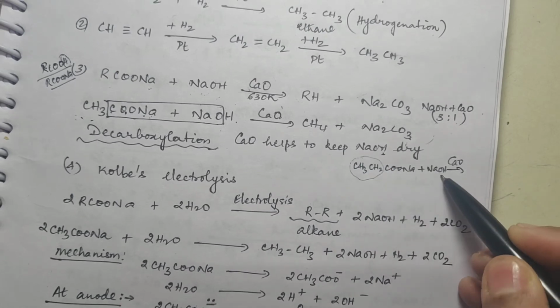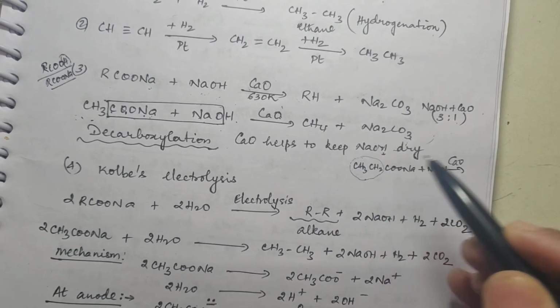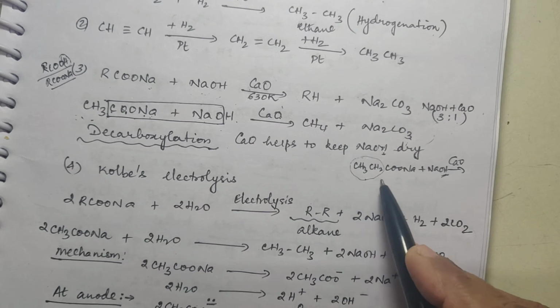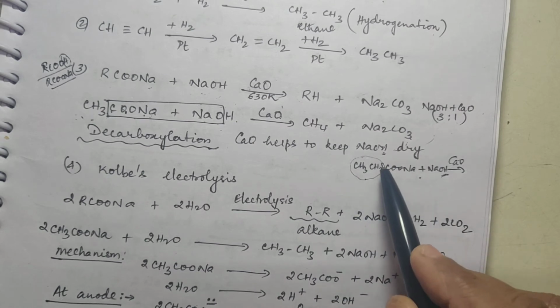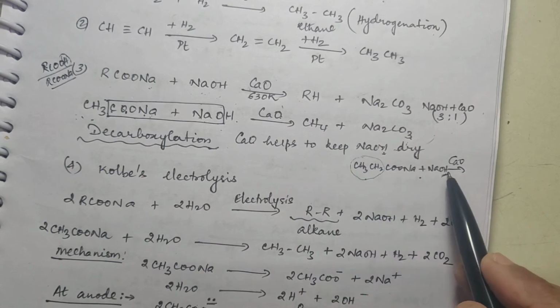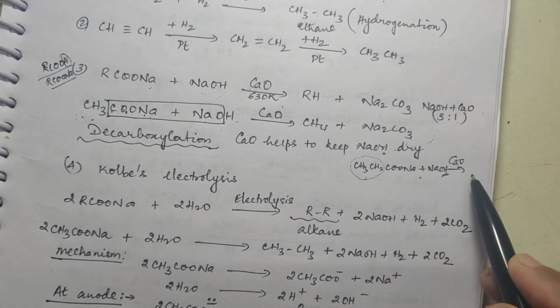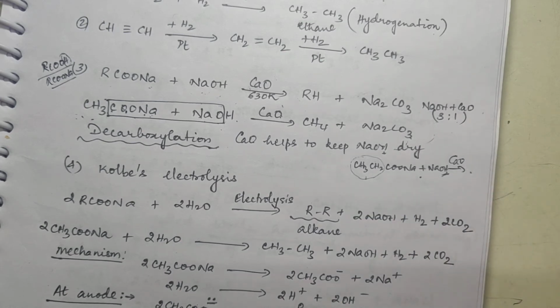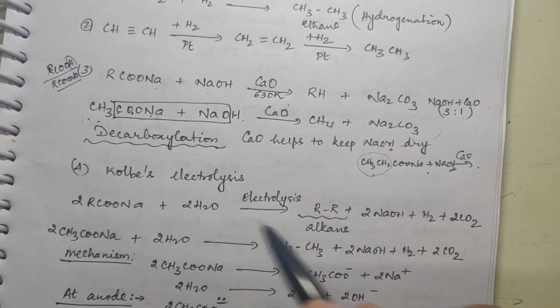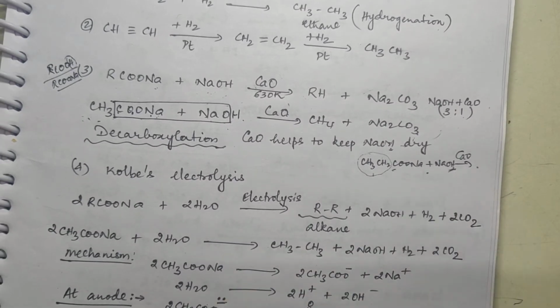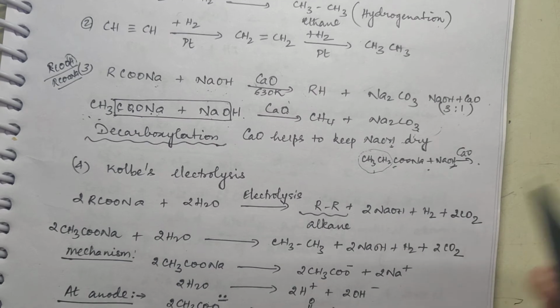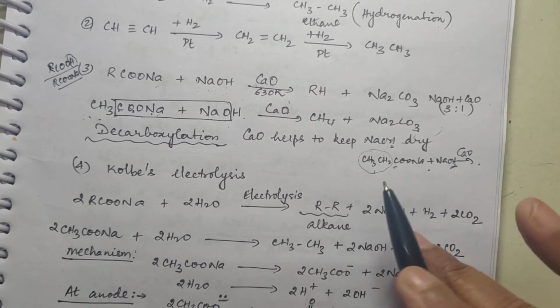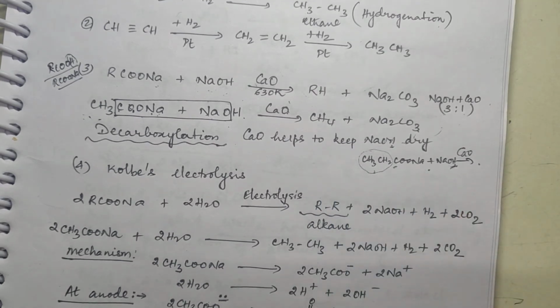You add hydrogen to this alkyl part and you will get the corresponding alkane. So whatever sodium salt you are taking, this alkyl part along with this hydrogen will be the corresponding alkane as the product. That is what you have to understand. And the CO2 is getting liberated in the form of sodium carbonate. So this is the basic idea about the decarboxylation process.